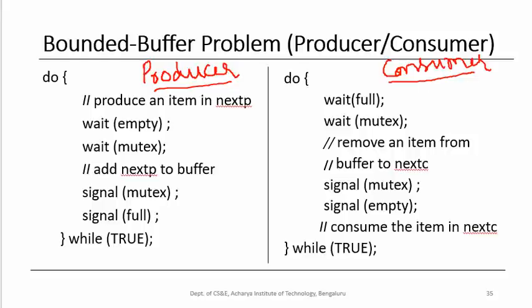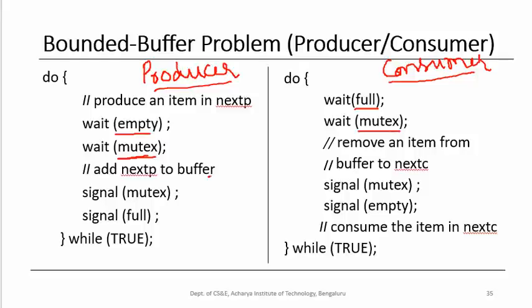You see the solution that we have given to this bounded buffer problem. What are the semaphores that we have used? We have used semaphore empty, mutex, and semaphore full. This mutex is shared between producer and consumer to acquire the lock on the buffer.